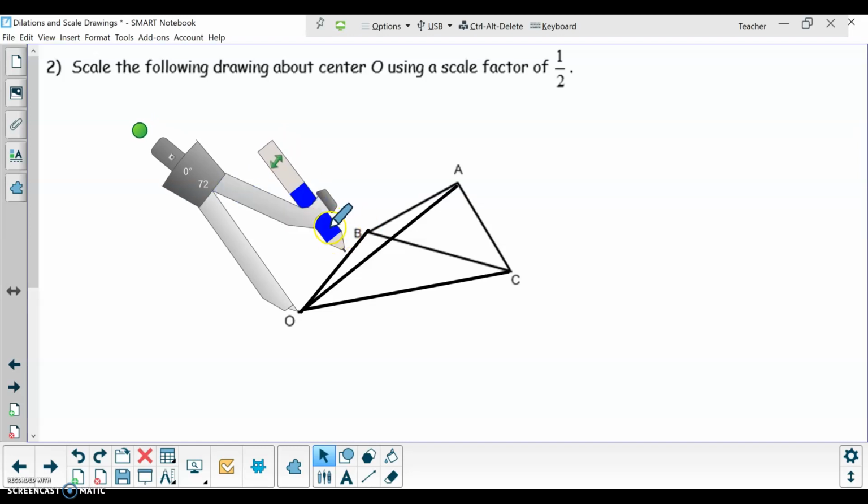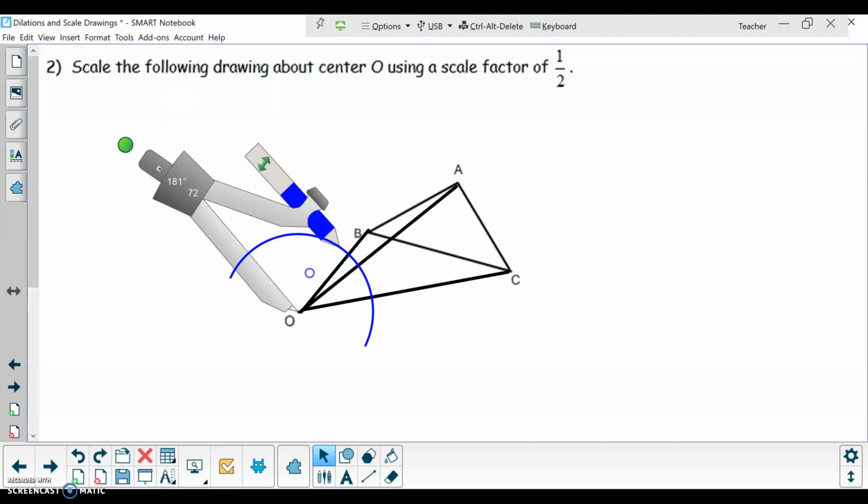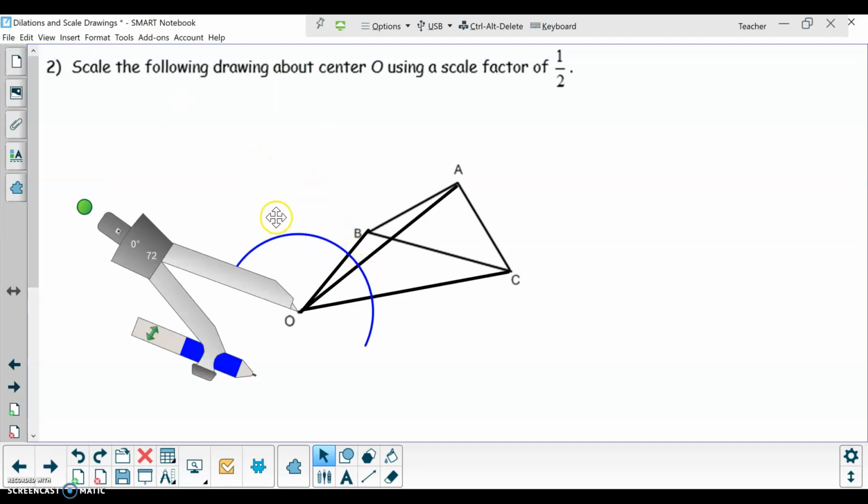So we're going to use a bisector to get our halfway mark, or our midpoint.